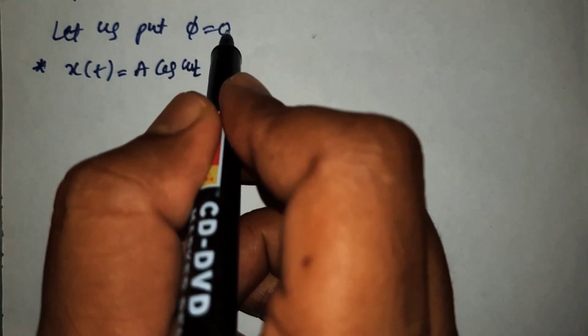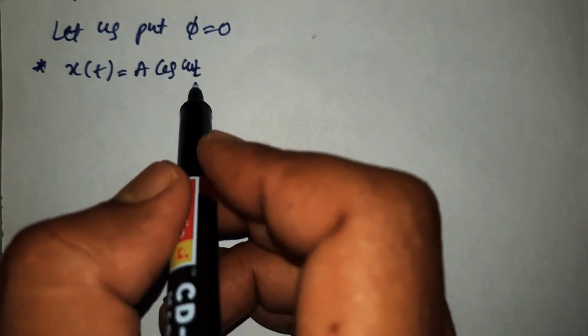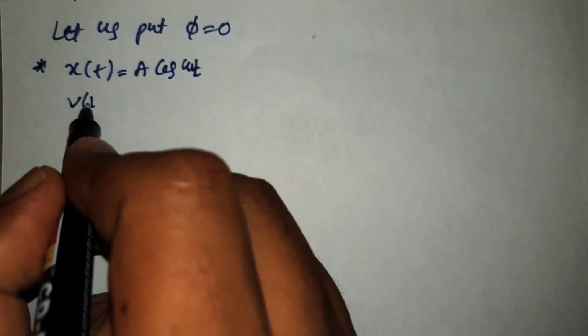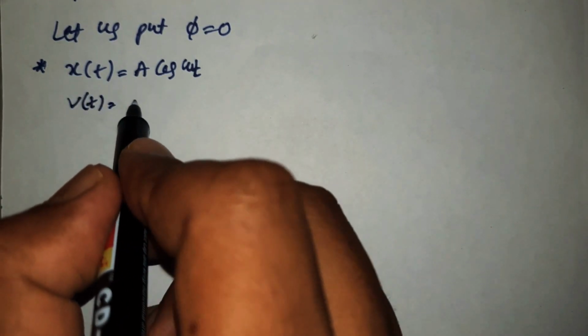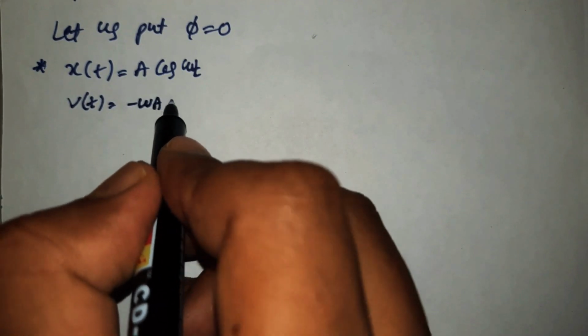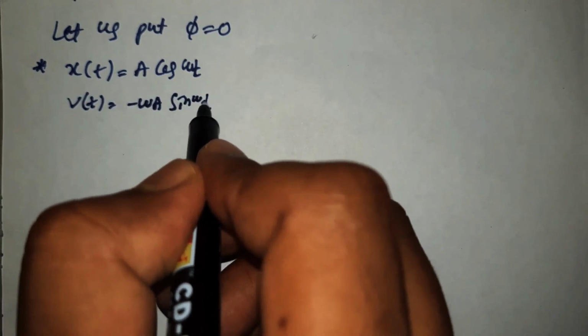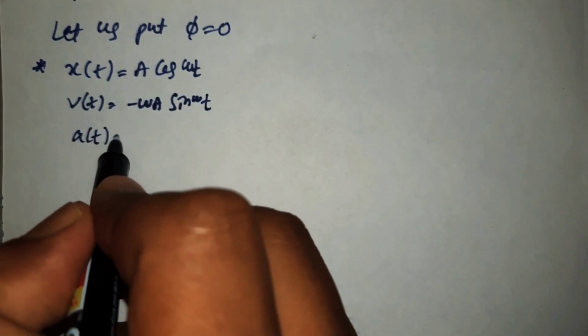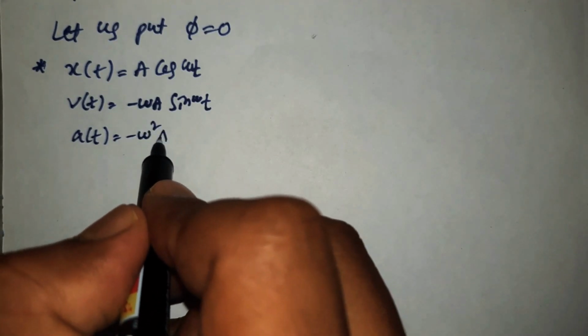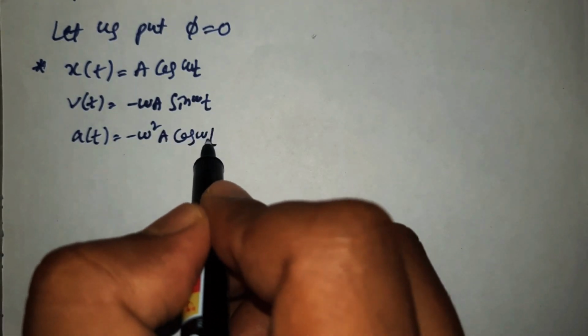Let us put π equal to 0. So we get x of t equal to a cos(ωt + π) with π equal to 0, so a cos ωt. V of t is equal to minus ωa sin ωt. A of t is equal to minus ω square a cos ωt.